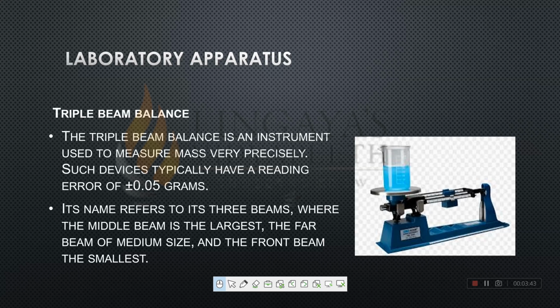As the name refers, triple beam balance has three beams, where the middle beam is the largest, the far beam is of medium size and the front beam is of the smallest size. So it is used to measure mass very precisely. If you see an instrument like this, please identify it as a triple beam balance.